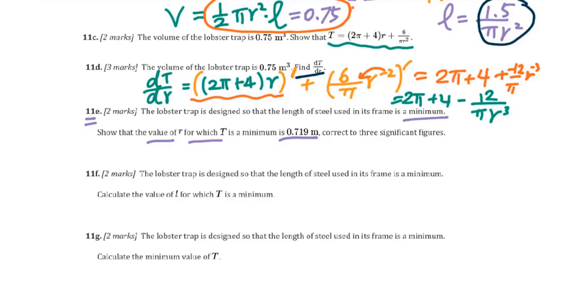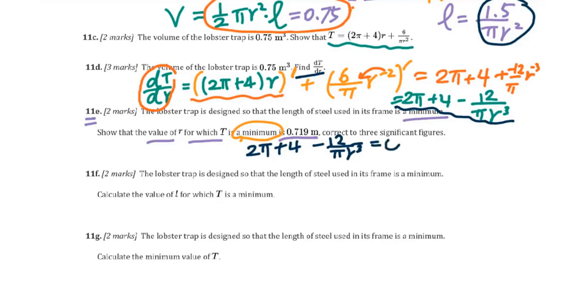In other words, we are looking for minimum, so we need to set dT by dr equal to 0. In other words, we need to set up this equal to 0 to solve for this r. So we have 2 pi plus 4 minus 12 over pi r to the third power equals 0.